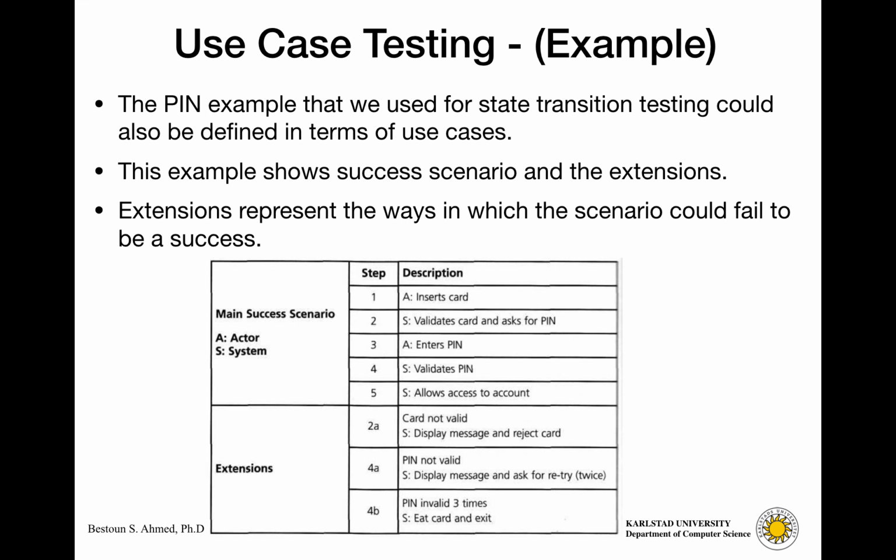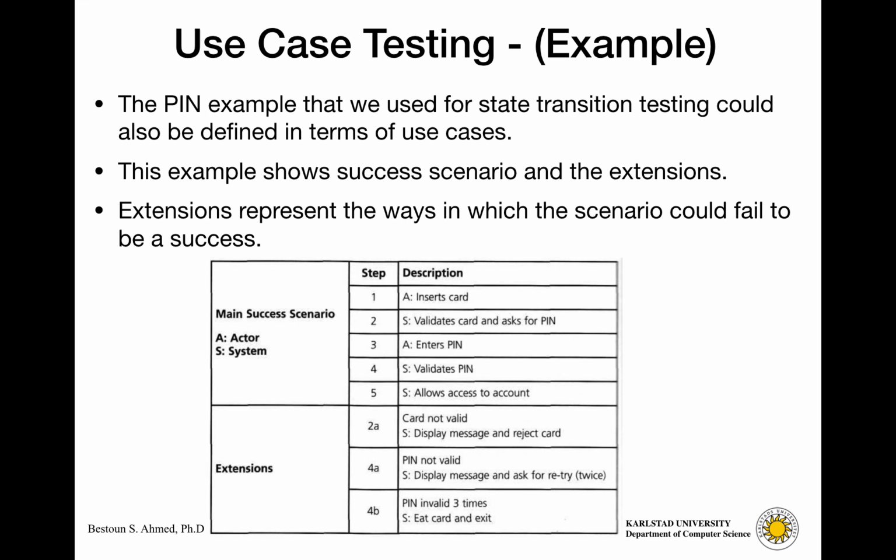So now imagine that you want to test this system. As an actor, I will sit in front of the system and search for A, which is actor in this description. And then I will insert the card. So this is a test case basically. This is the first step of the test case. And what will be the action?